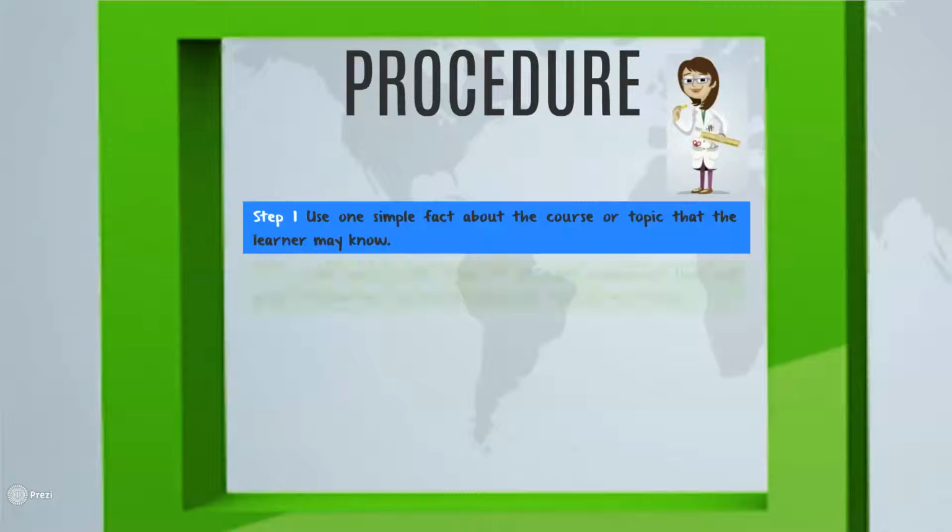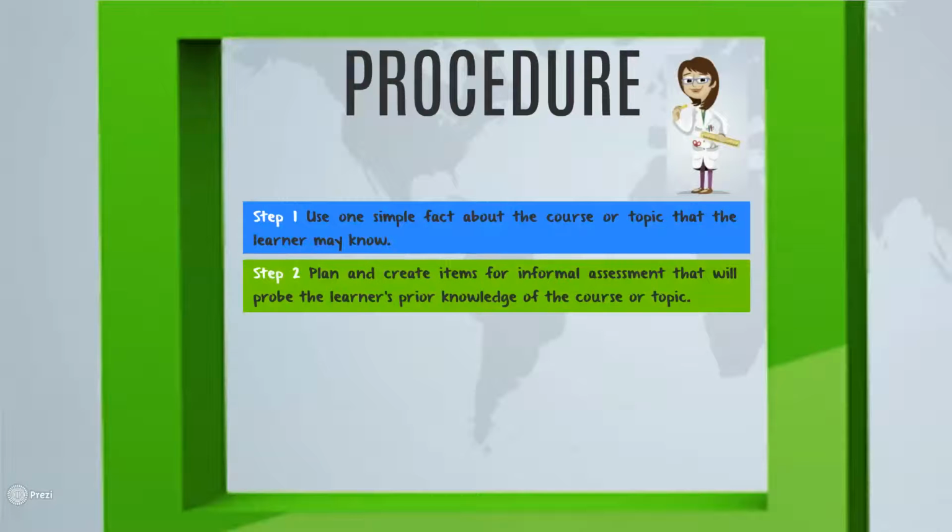Number 2, plan and create items for informal assessment that will probe the learner's prior knowledge of the course or topic matter. This can consist of 5 to 10 short answer questions, 2 or 3 open-ended questions, or 10 to 12 multiple choice questions. Carefully phrase the sentences and pick words that the learner will be familiar with.